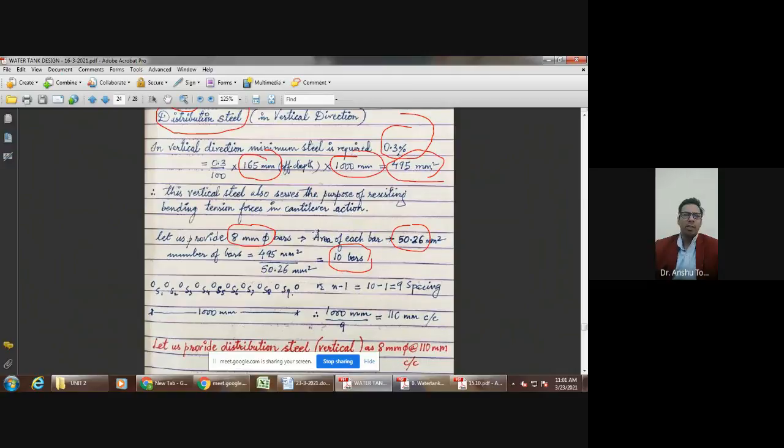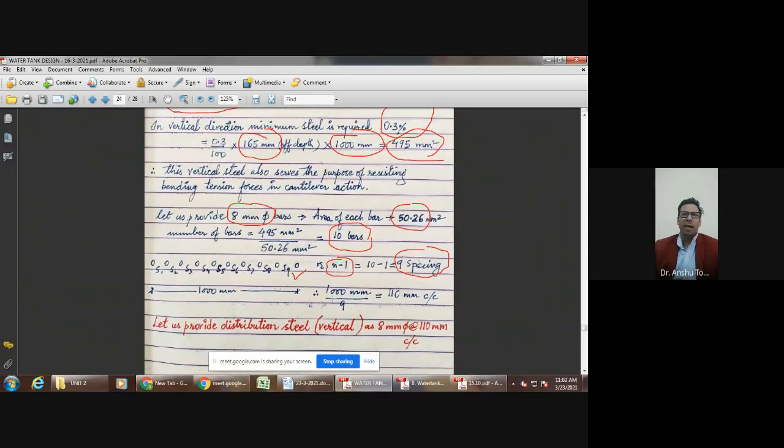So what is going to be the spacing? 1, 2, 3, 4, 5, 6, 7, 8, 9, 10. In 10 bars, how many spacings will there be? 9. Sir, 9. If you use n minus 1, 10 minus 1 is equal to 9 spacings. 1000 divided by 9 is equal to 110 mm center to center.